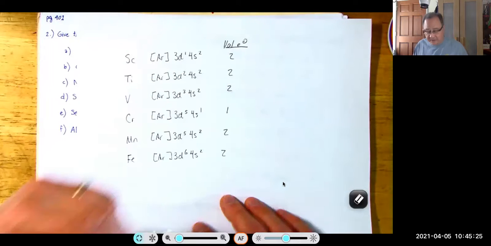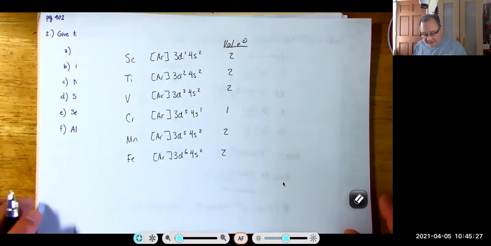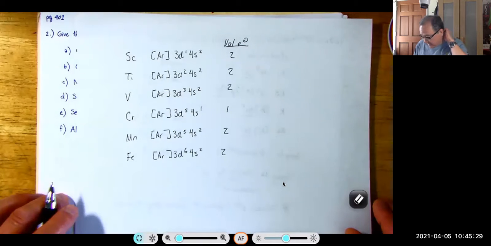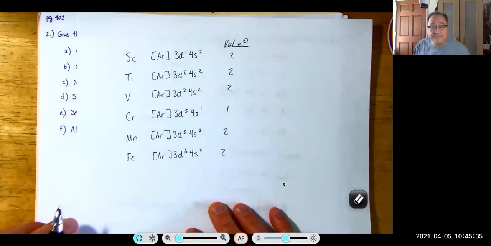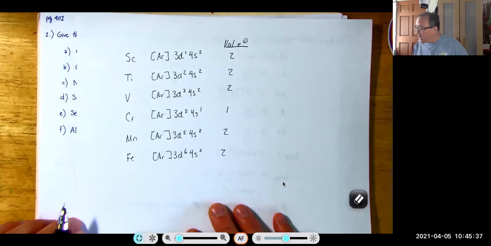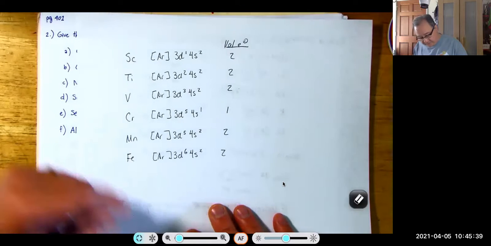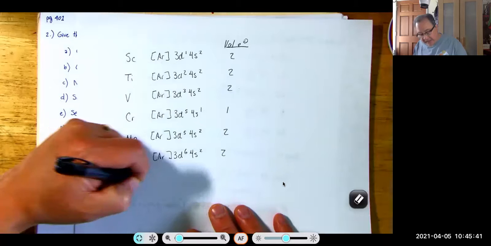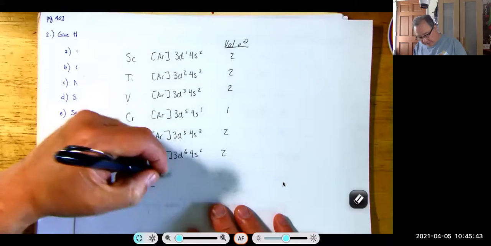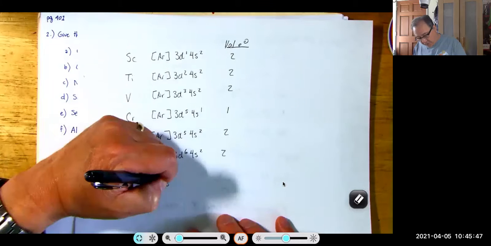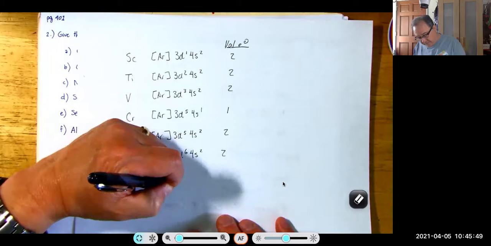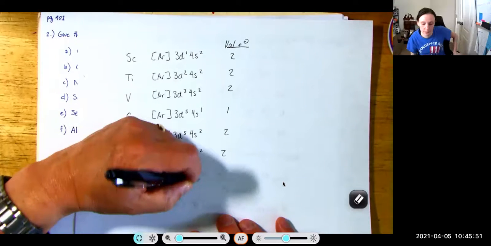keep going. But basically, how many valence electrons does a transition metal have? 2. And that makes sense. And then if you look at yttrium, it's going to be a lot like scandium, but instead of argon, it's going to be krypton. And it's going to be 4d1, 5s2.